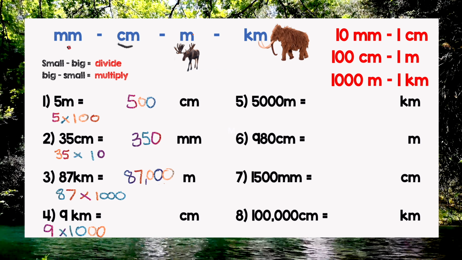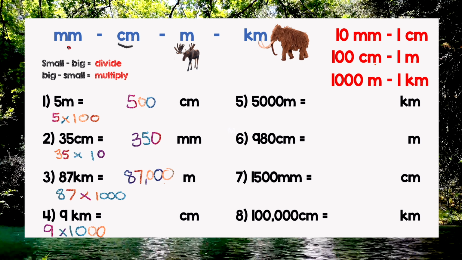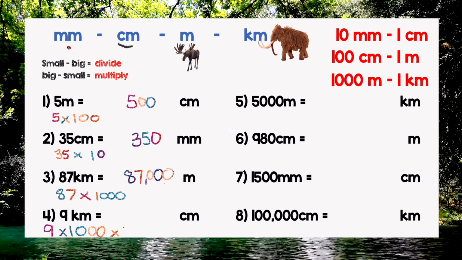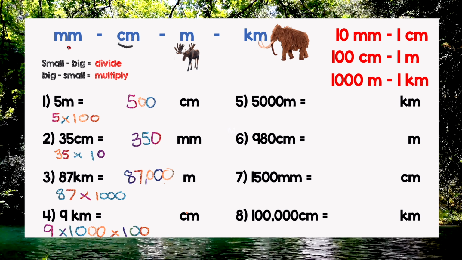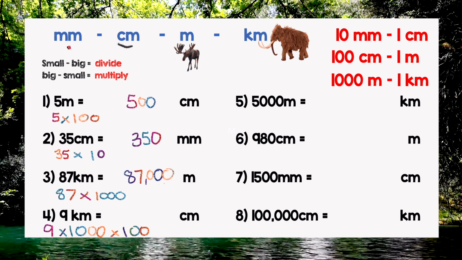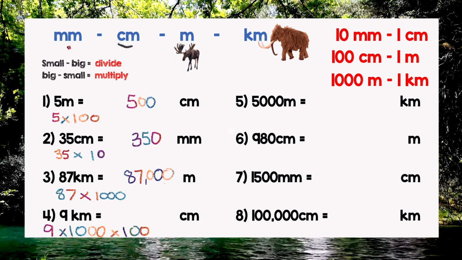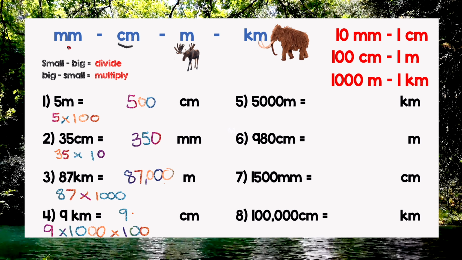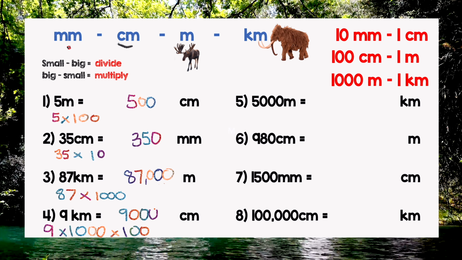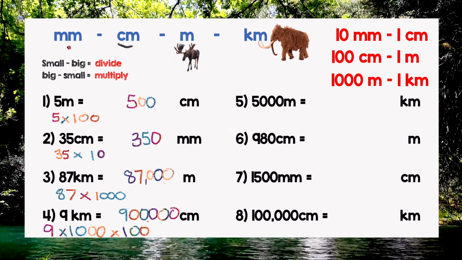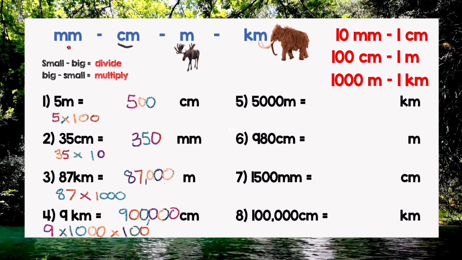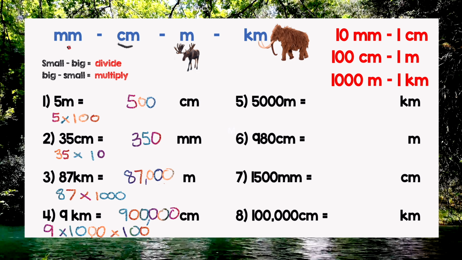And then from meters to centimeters, there are 100 centimeters in 1 meter, so we're going to times that answer by 100 to get the answer into centimeters. And we can see we have 1, 2, 3, 4, 5 zeros. So 9 times 1 is 9, and 5 zeros. Put a comma here. So that's 900,000 centimeters in 9 kilometers.